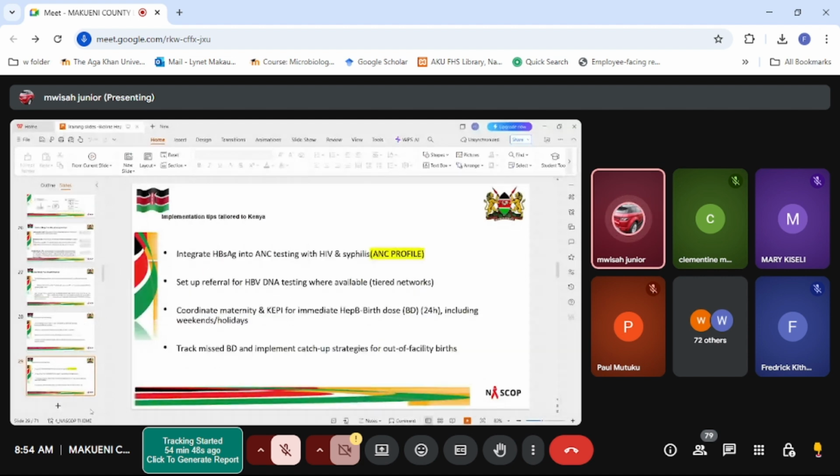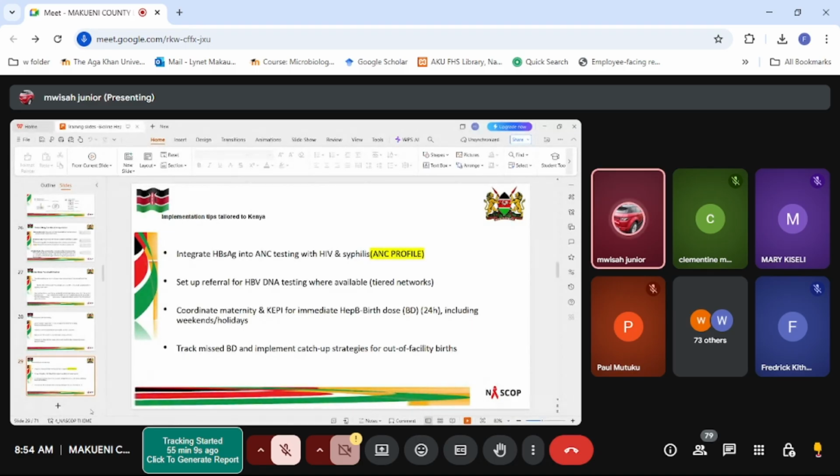Implementation tips tailored to Kenya. You integrate hepatitis B into ANC testing with HIV and syphilis during the ANC profile. Set up referral for hepatitis B DNA testing where available, using the tiered networks.